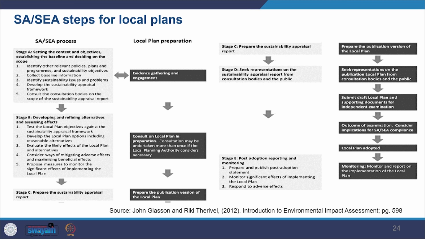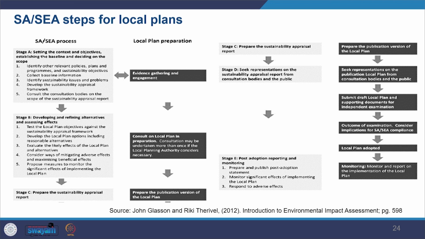So what choices you have in terms of alternatives. And then stage C deals with preparing the sustainability appraisal report, and stage D deals with representations on the sustainability appraisal report from public consultation, and then post adoption reporting and monitoring.